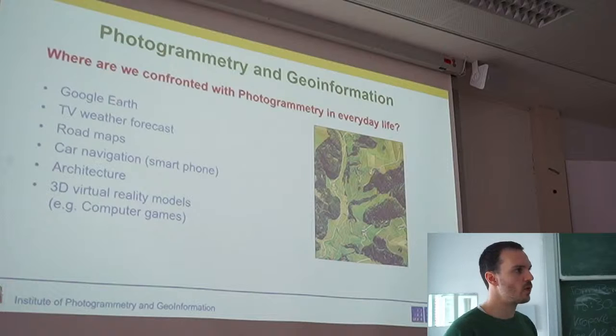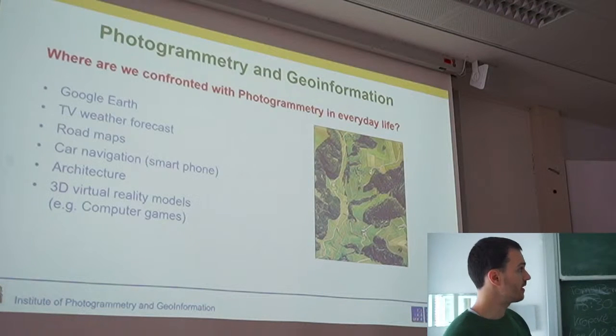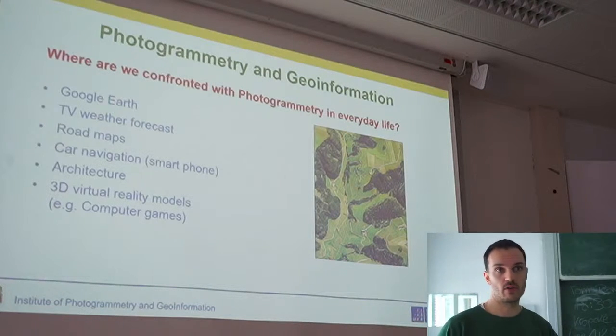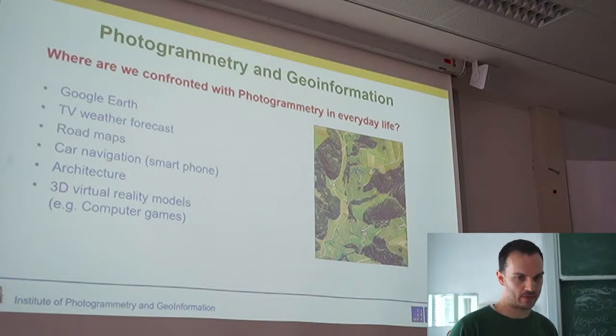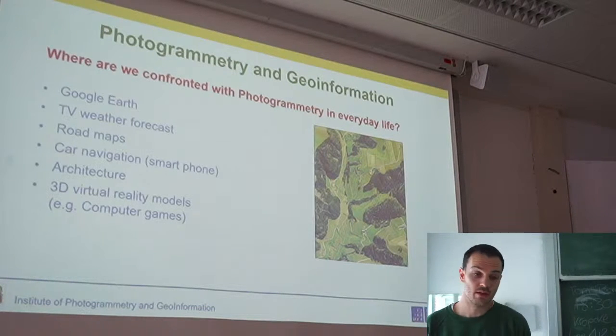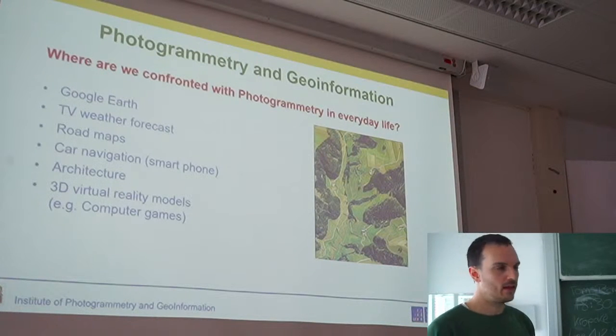So this is where we, using photogrammetric methods, use, for example, aerial images or satellite images and automatically detect roads in them. This can then be used automatically or semi-automatically, if a human checks it afterwards, to update road maps. And this is what we use when we navigate with our cars and so on.